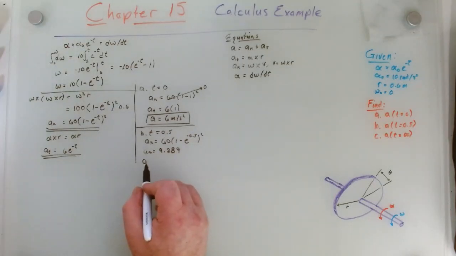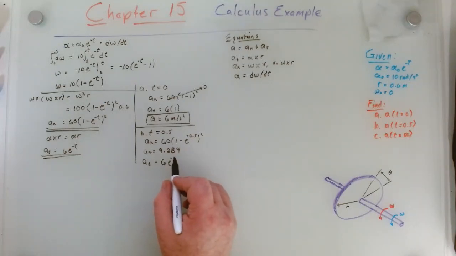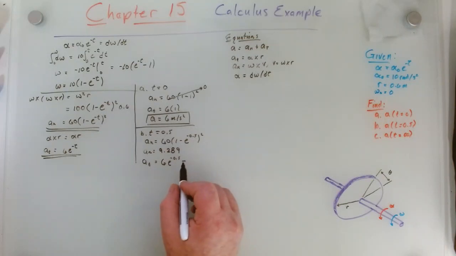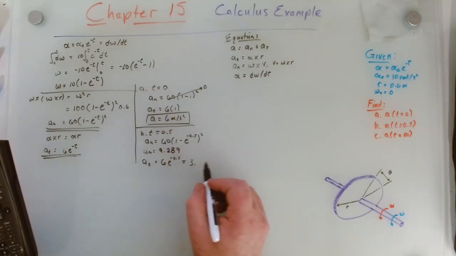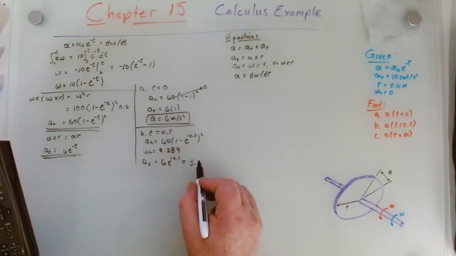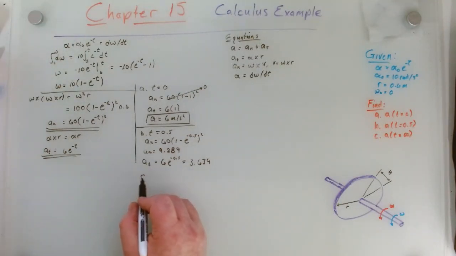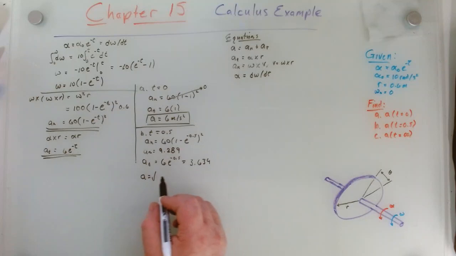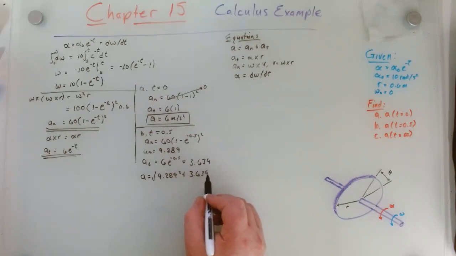Okay, a sub t is 6 e to the minus 0.5. That is 3.639. Okay, and we need to do the Pythagorean, so A is the square root of 9.289 squared plus 3.639 squared.